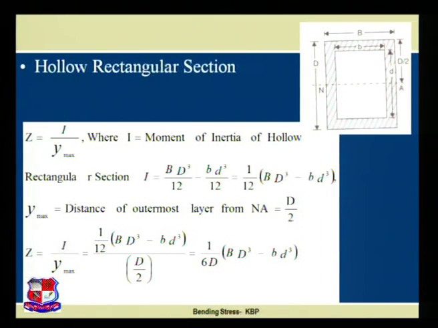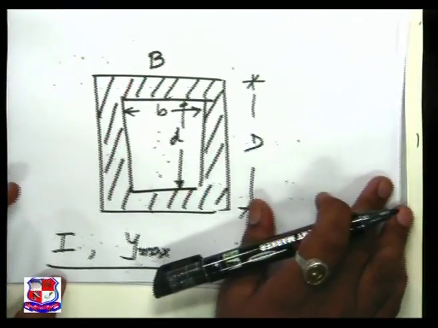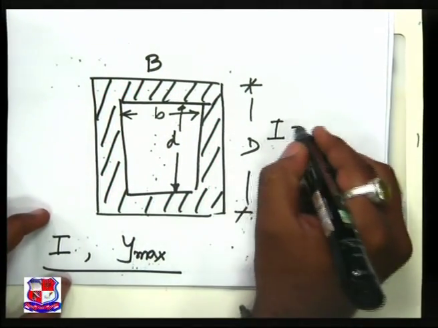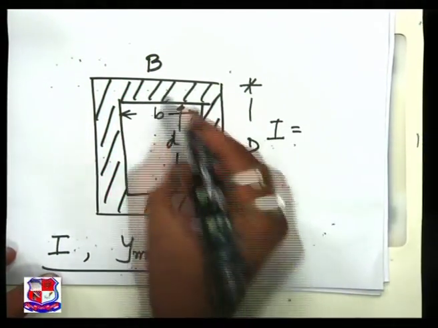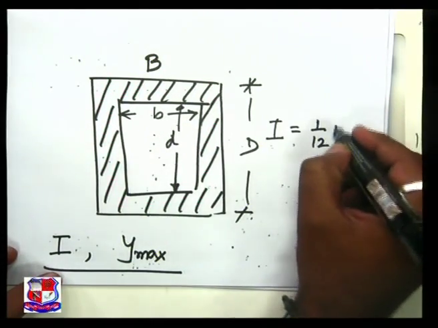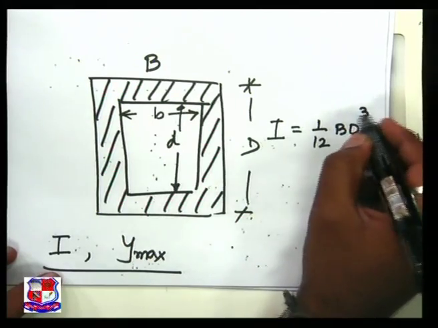Let us come to the tabletop. For this particular rectangular section, the value of I is, we know that for a full section, 1 by 12 BD cube.